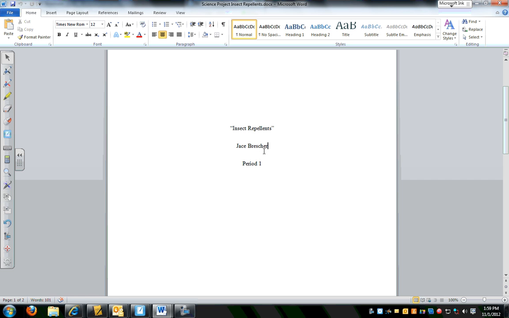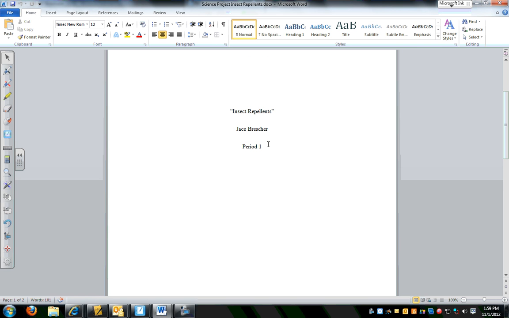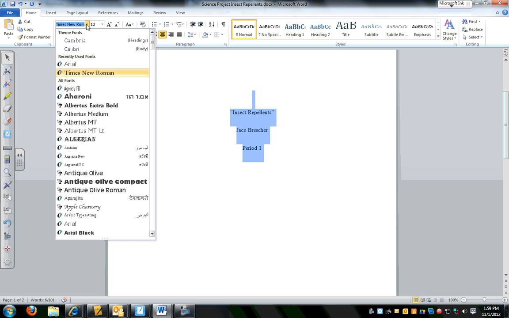The next thing we will do is move on to making sure that we follow the writer's guide format. And the writer's guide says that this paper should be written in 12-point font. So if you follow my cursor or mouse, I made sure it was a 12-point font. Also, the font style or type should be Times New Roman.